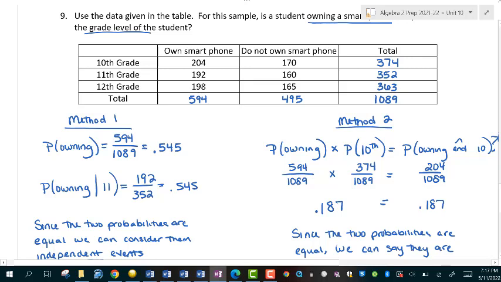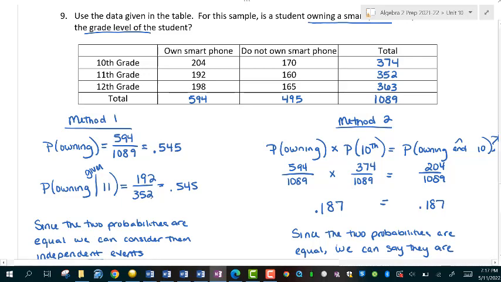So I got 594 over 1,089, so 0.545. Then I looked at a conditional probability. So the probability of owning given I've selected an 11th grader. And it shouldn't matter in this case if you chose 10th, 11th, or 12th. It's going to lead you to the same outcome.